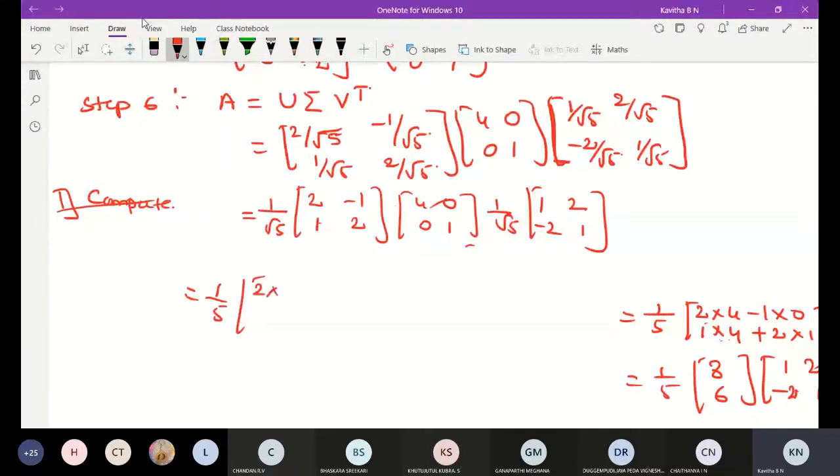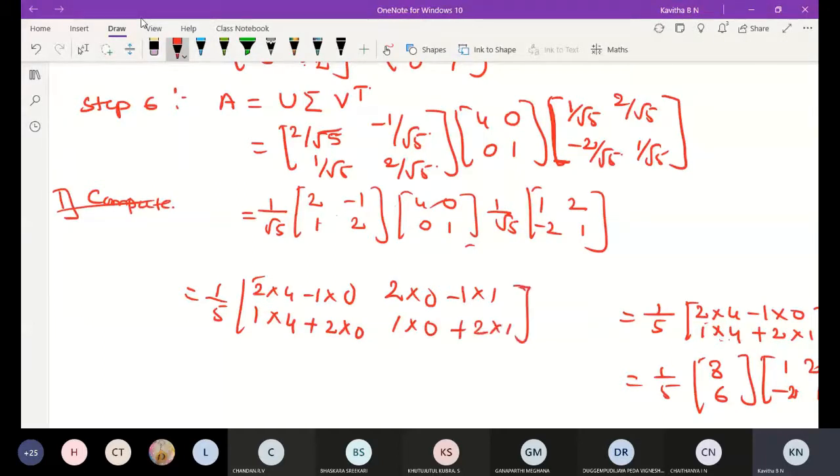Then 2 into 4 minus 1 into 0, then 2 into 0 plus minus 1 into 1. Okay, 1 into 4 plus 2 into 0, then 1 into 0 plus 2 into 1.